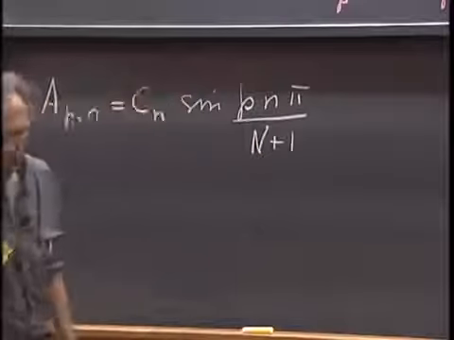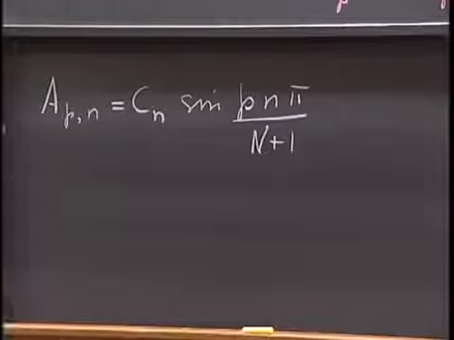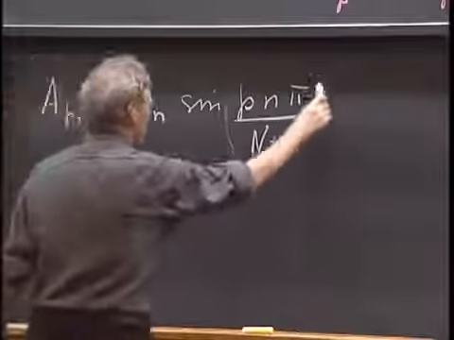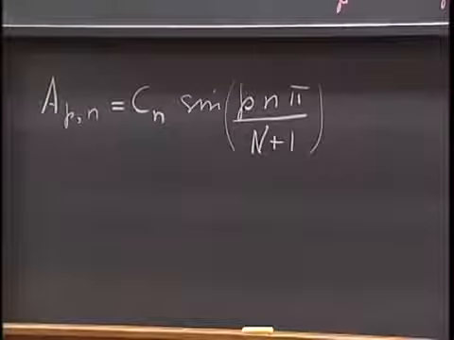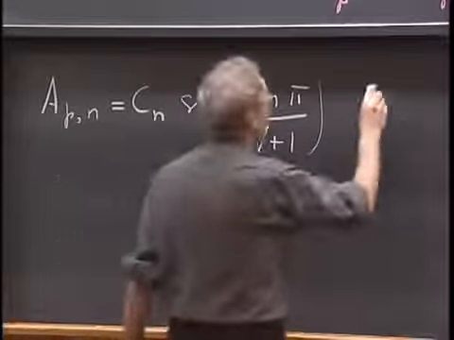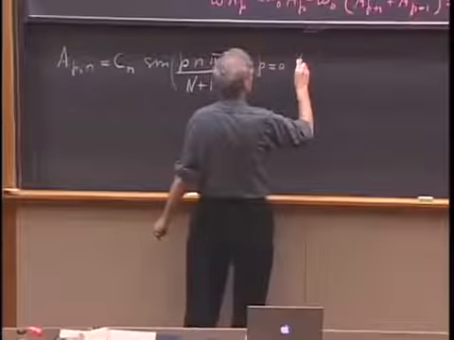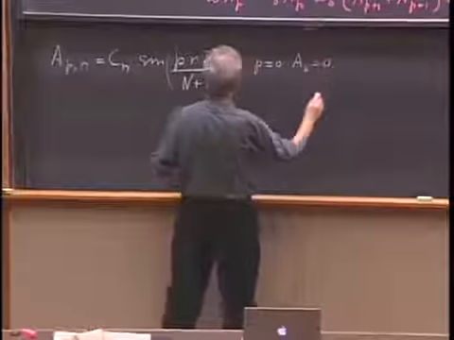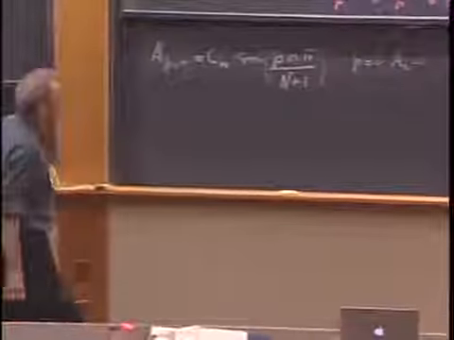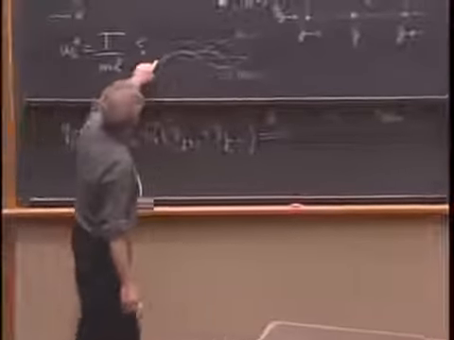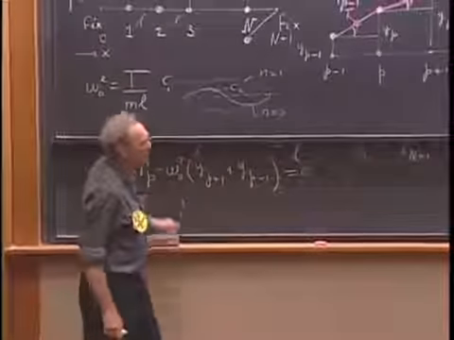So let's look together at this equation so that we have a full understanding of what we are trying to put in there. Notice that for p equals 0, the sine is always 0. That's obvious because we wanted that, because this point, the 0 point, is not moving.